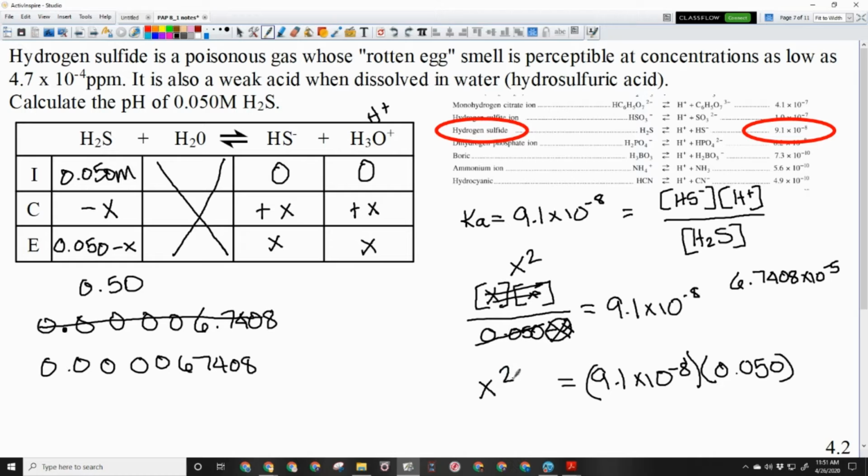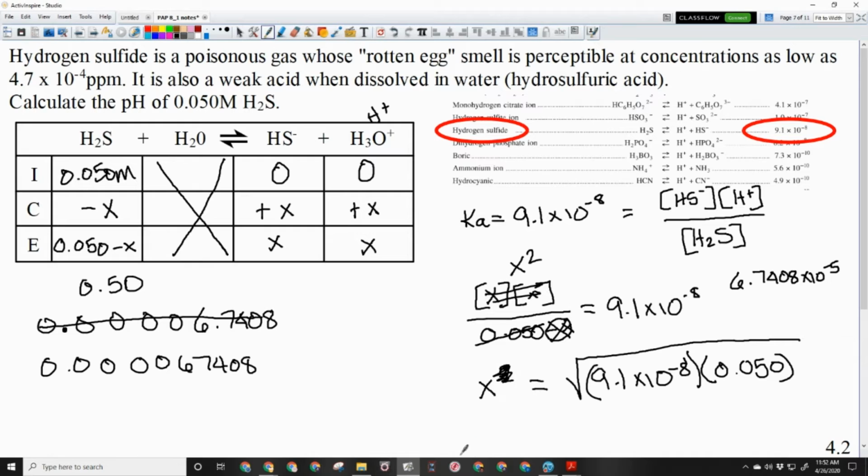To get this x squared pulled across the equal sign, we have to take the square root of this value. That gets rid of our exponent of 2, so x is equal to the square root of this.